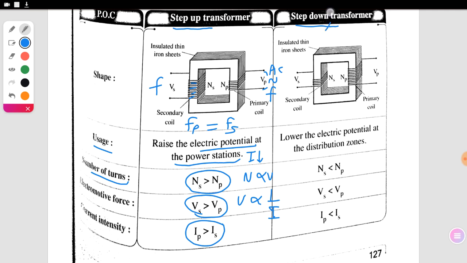But we use now a step-down transformer, which consists of insulated thin iron sheets made of silicon soft iron core. The thin insulated sheets decrease the eddy current, because thin means small area, which is inversely proportional to the resistance.